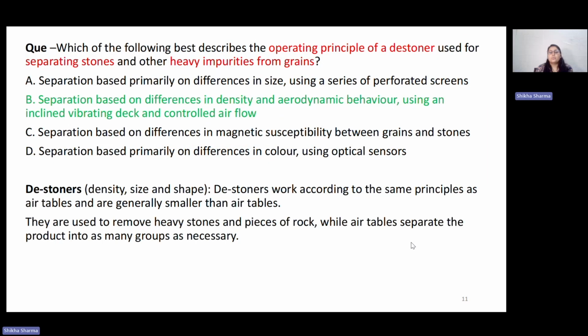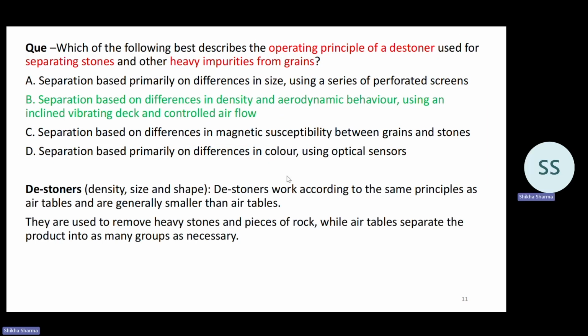Okay, let's see the answer. Basically, a destoner works on the principle of separation based on density differences and aerodynamic behavior, using an inclined vibrating deck and controlled air flow. It works on separation based on the density, size, and shape of the product.